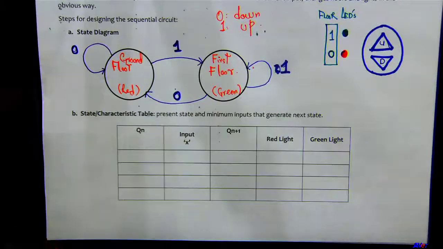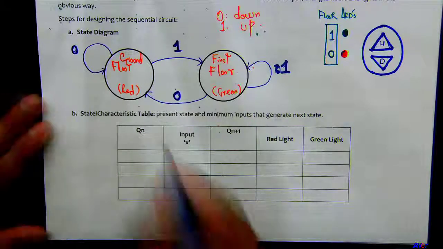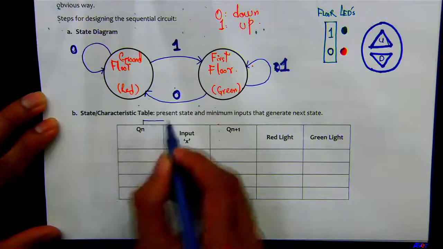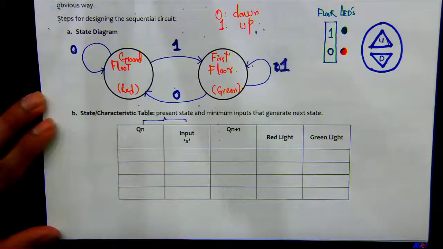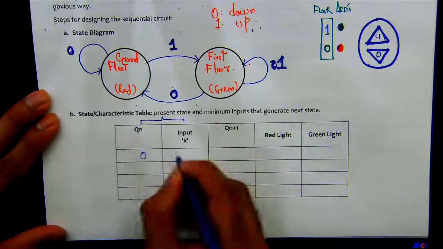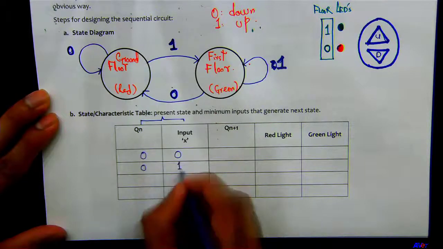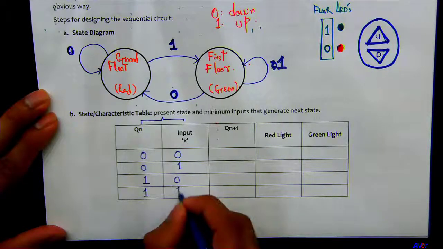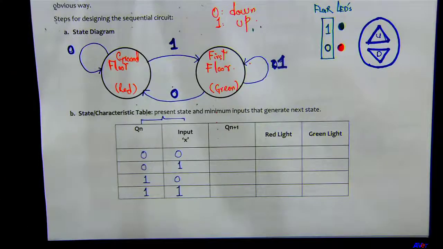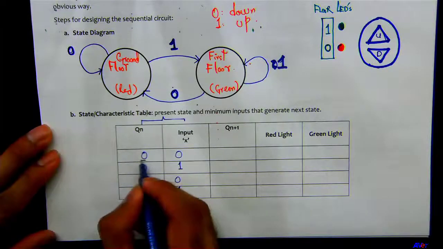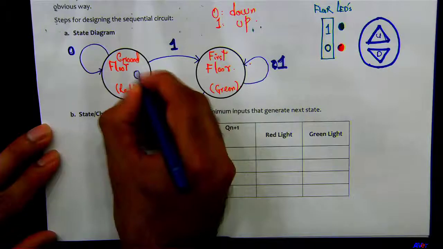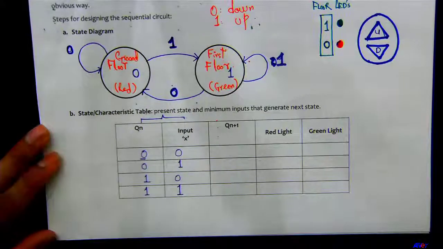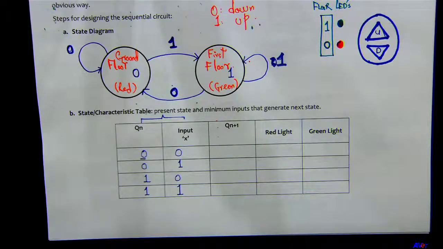We're going to move on to our state characteristic table. In a state table, we put our present state and our input right next to each other, so the possibilities are 0 0, 0 1, 1 0, and 1 1. If the present state is 0, which is the ground floor, and the input is 0, what should be the next state, folks? 0, okay.